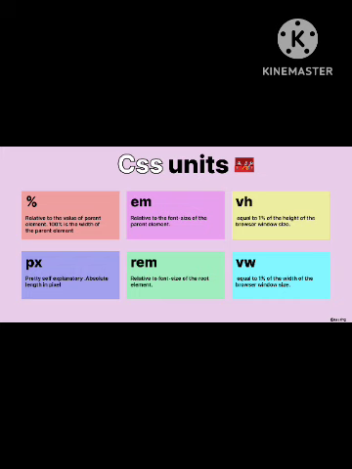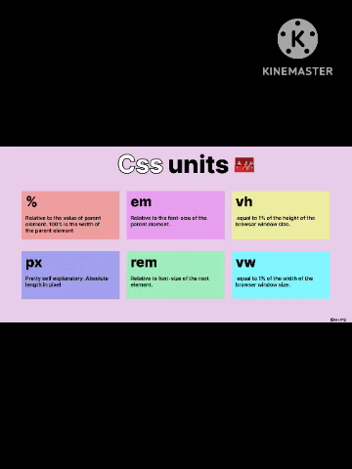Clamp is nothing but a range: minimum, plus flexible, plus maximum. Okay, font-size clamp of 24 pixel, 5 VW, comma 48 pixel. What will happen now is, with a screen width of 1000 pixel, what is 5 VW?